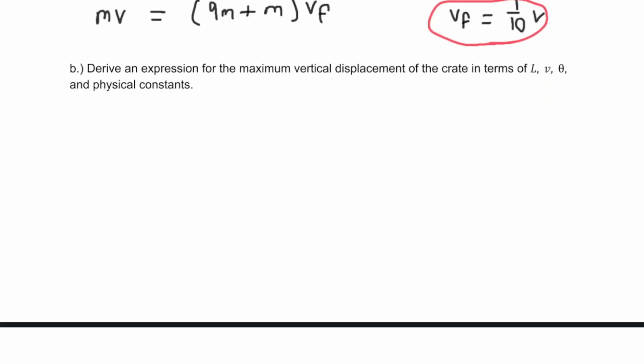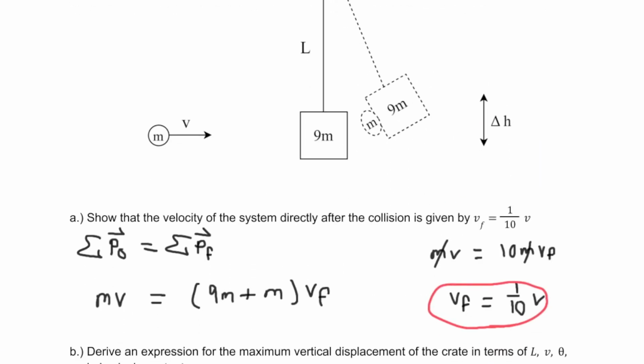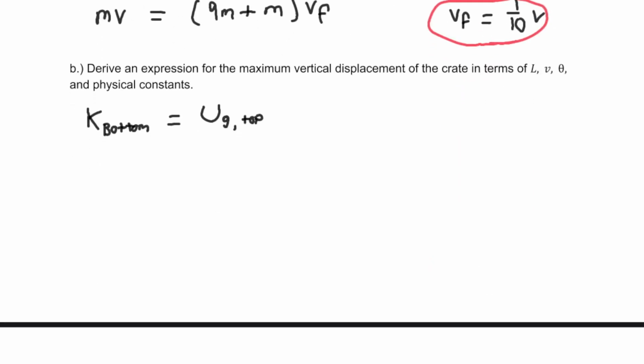But again, we count that as a potential energy, so it's totally fine just to say that kinetic energy at the bottom, right when it starts swinging, is equal to gravitational potential energy at the top. The only pitfall here is trying to take kinetic energy before the collision and setting it equal. Because when these things stick together, this sticking together takes energy to happen. So we can only conserve energy after the collision takes place.